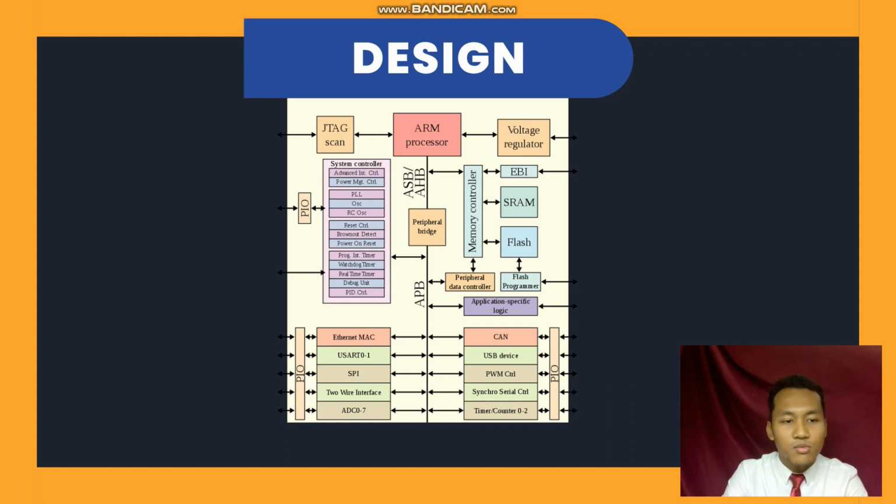JTAG scan stands for Joint Test Action Group, an industry standard for verifying design and testing printed circuit boards after manufacture. A voltage regulator is a component of the power supply unit that ensures a steady constant voltage supply through all operational conditions. And as you can see here, the ARM processor and its architecture.